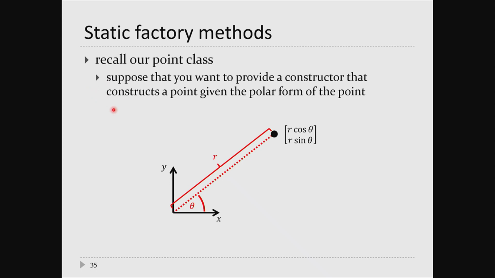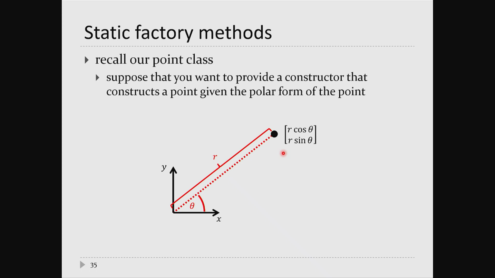You specify that as the distance from the origin, so that's r, and the angle relative to the x-axis. You do this sort of thing when you're working with circular shapes, basically. Any shape that's got rotational symmetry, you often use polar coordinates to represent points on the shape. Now, the coordinate of that point is just a point on a circle of radius r, so the point's just r cos theta and r sin theta.